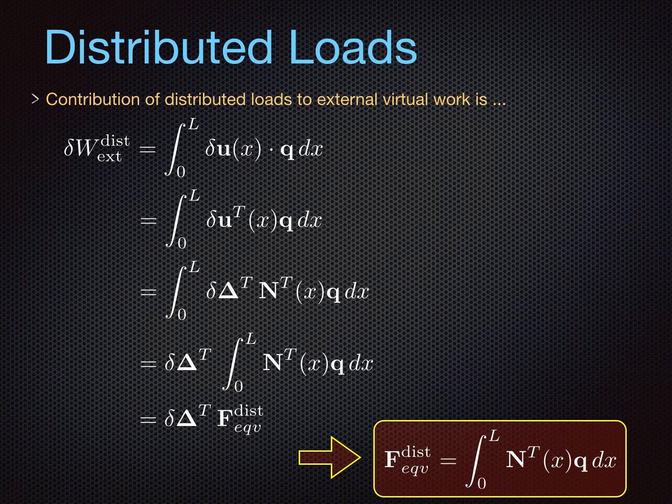So please take note of the fact that if you change your shape functions, the equivalent distributed nodal loads will be different. If you can use the exact shape functions for the problem at hand, the equivalent distributed nodal loads will be exact. If you use approximate shape functions for the problem at hand, these equivalent nodal distributed loads will contain errors, just like the stiffness matrix will have contained errors.